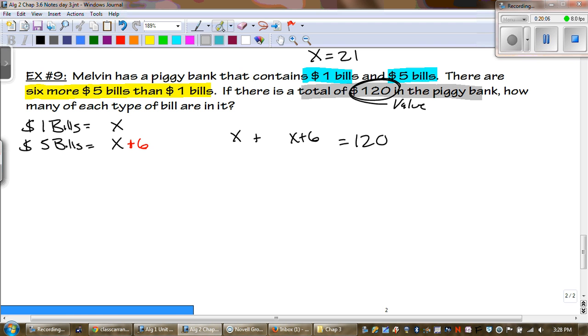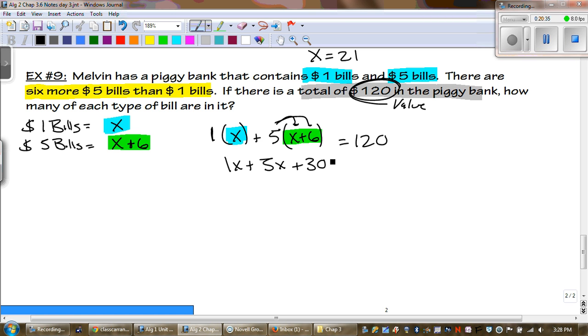So the x that stood for my $1 bills, the x plus 6 represented my $5 bills. So we have to multiply those out where we get 1x plus, and on this side we have to distribute, 5x plus 30.